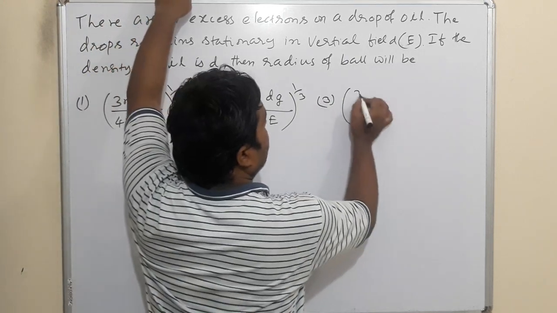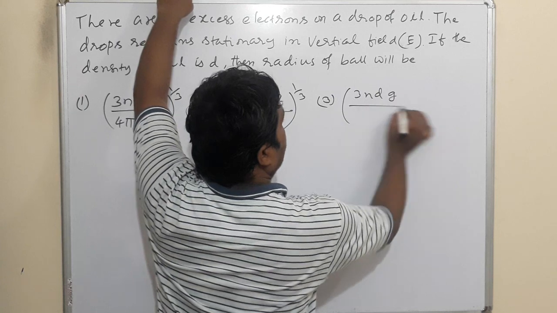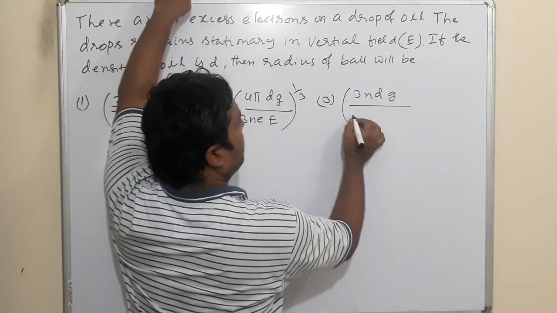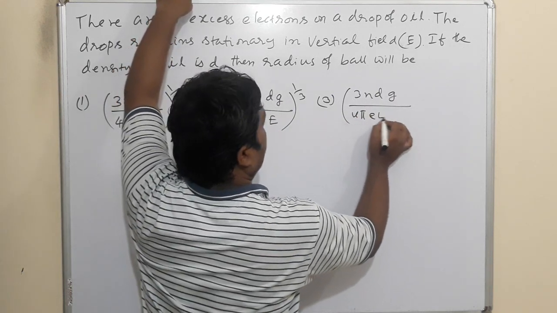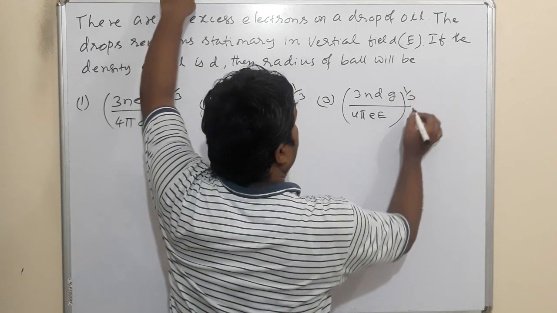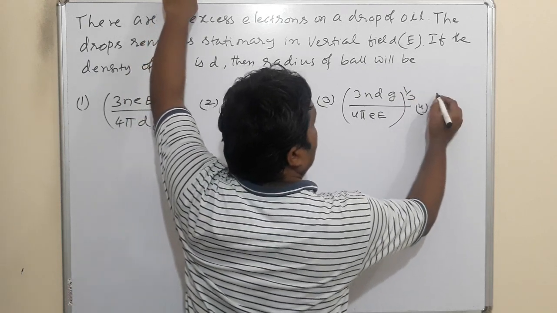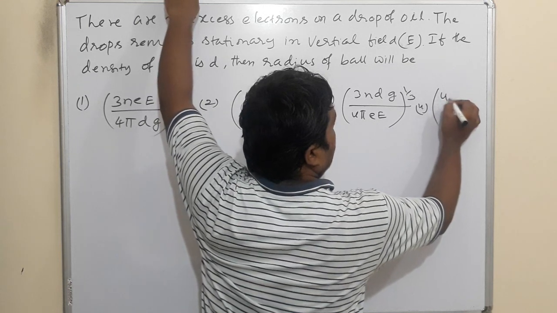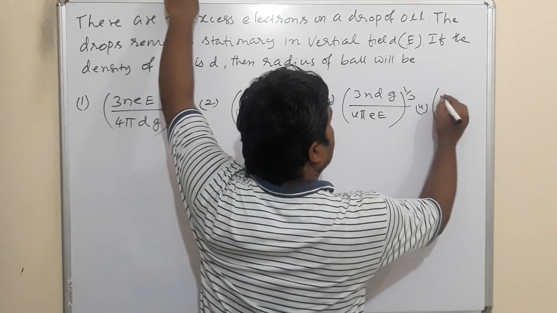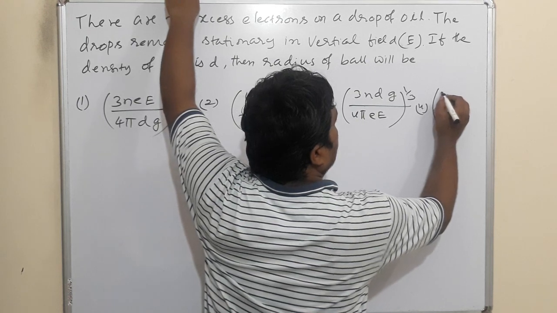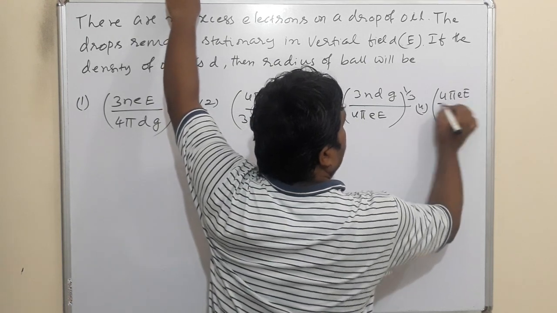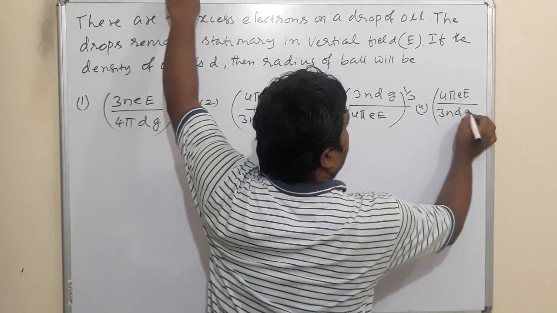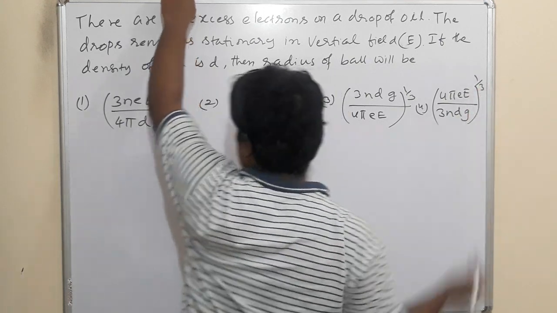Third option is 3n dg divided by 4 pi e into e raised to 1 by 3. Fourth option is 4 pi e into e over 3n dg raised to 1 by 3. Note the question.